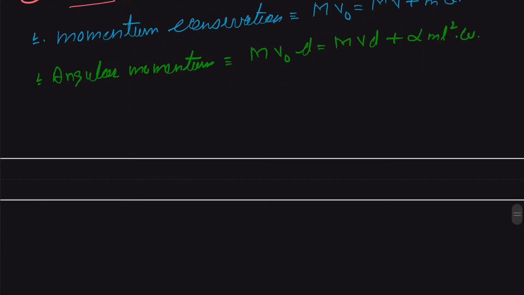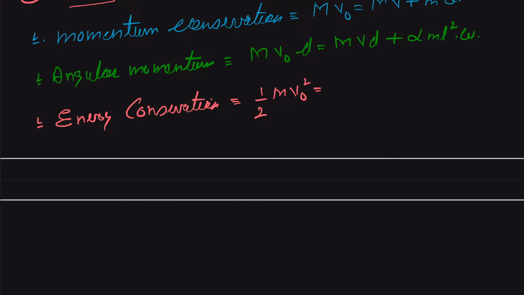And finally we can write our energy conservation. This collision is elastic, therefore we can write this as half m v0² is equal to half m v² plus the center of mass part, plus the angular part, half I ω², and I is αml², so half αml² times ω².